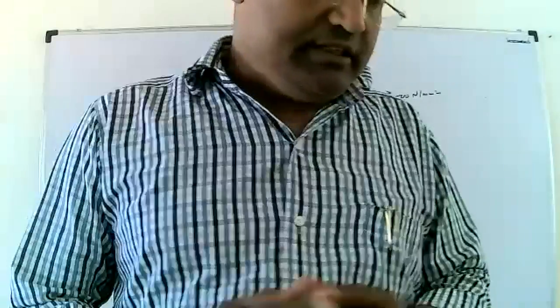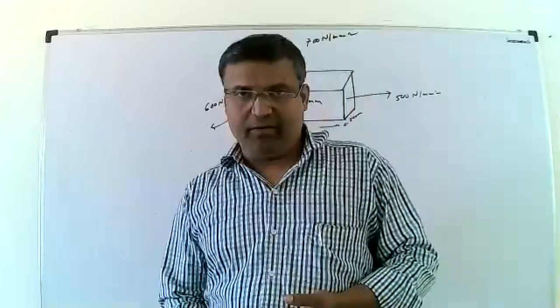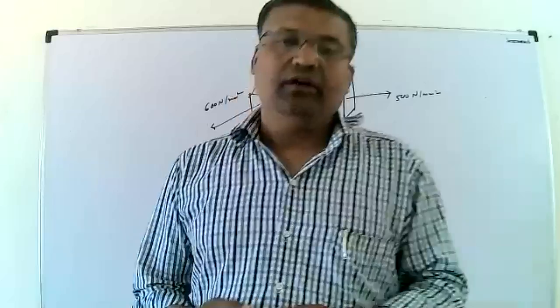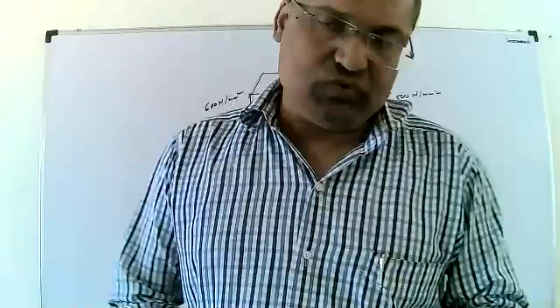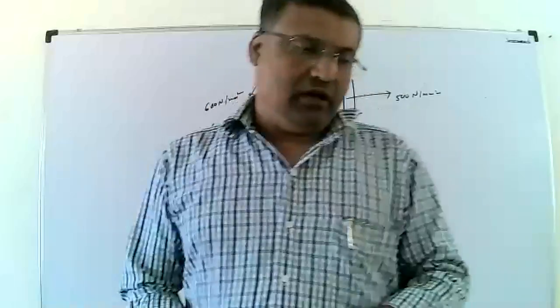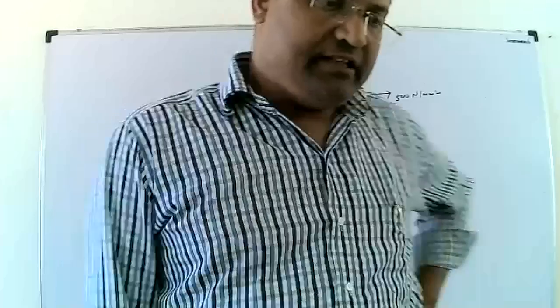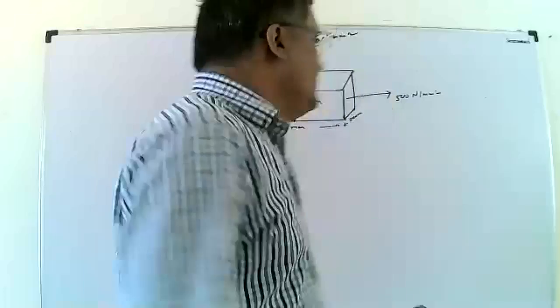Then in this rectangular block, 200 mm by 300 mm by 500 mm. This is the rectangular block which has a dimension of length 500, width 300 and height 200. Then whatever information you have to provide, length, width and height.